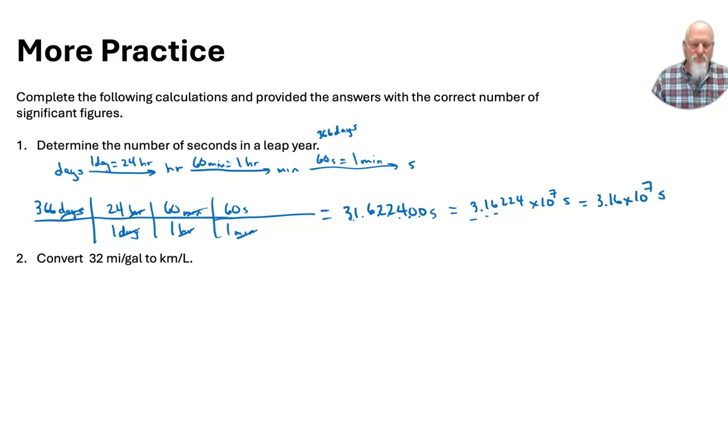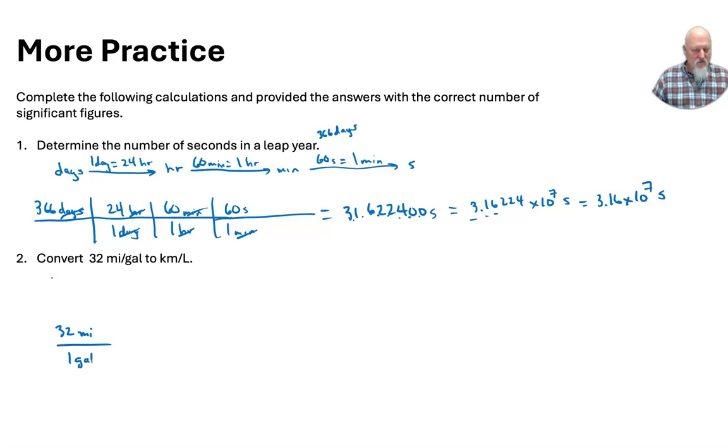Okay, last one. Convert miles per gallon, which is the fuel efficiency, right? Your car goes 32 miles per gallon, to kilometers per liter. So fuel efficiency in every other country is in kilometers per liter. Here we're doing miles per gallon. So we need to convert two things. We're starting with 32 miles per every 1 gallon. That's what miles per gallon means.